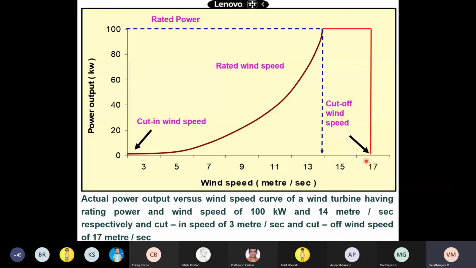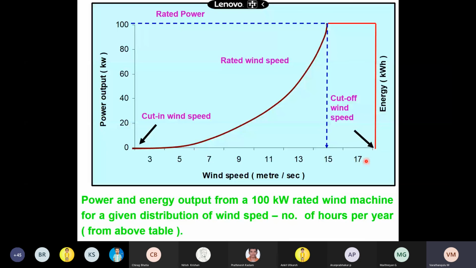And this was the other example, that is the power and energy of a 100 kilowatt rated wind machine for a given distribution of wind speed, the number of hours per year. These data were collected from a paper, and when time permits we'll disseminate those contents.